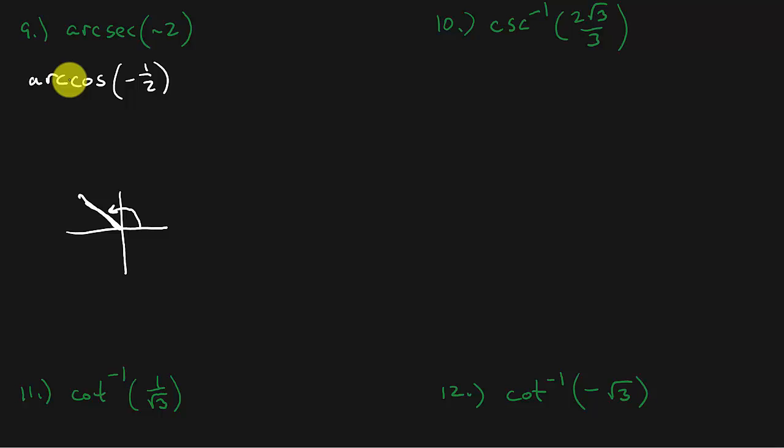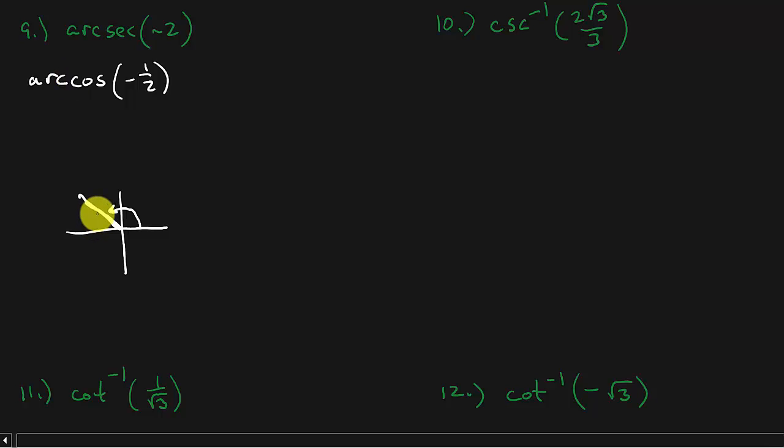So what's the arccosine of positive 1/2? 60 degrees, or in radians, pi over 3. And now we're looking for this angle right here. So that's going to be pi minus pi over 3, which is 2 pi over 3. And there's your angle.